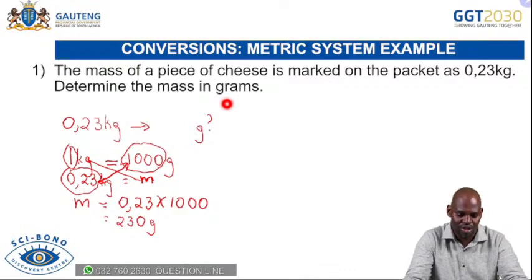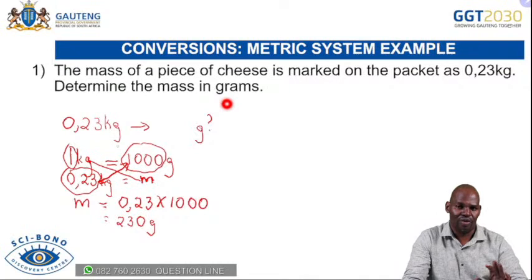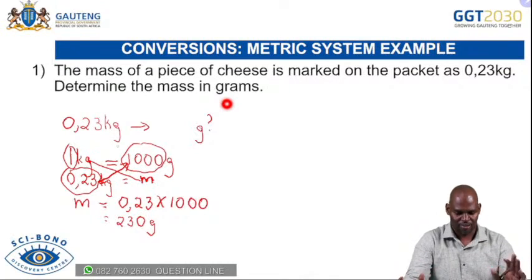You see how easy it is? So what is important is to get your conversion factor. In most cases, the examiner won't give you this conversion factor, especially where you're converting between the metric units, that is those local units. So the answer for number 1 is 230 grams.